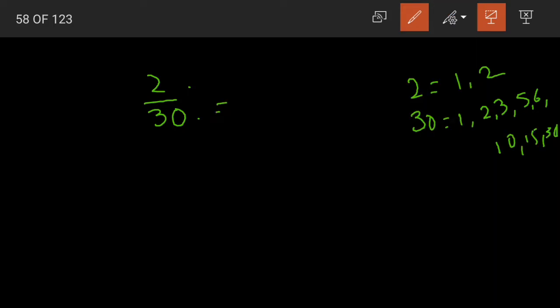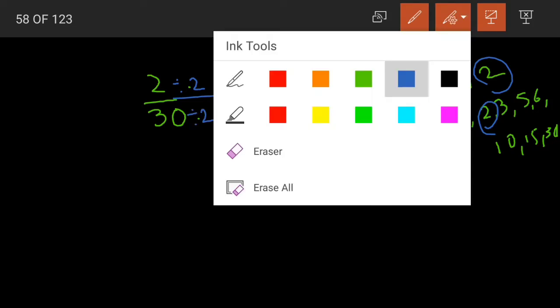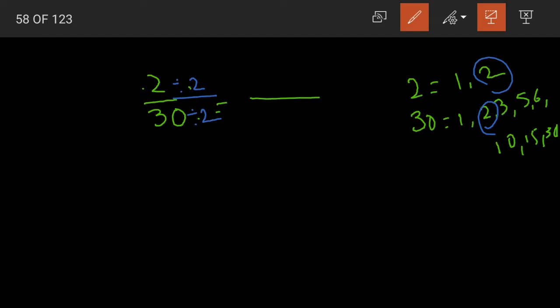Now from this, which is the highest common factor? 2 is the highest common factor. So we need to divide both the numerator and denominator by 2. 2 divided by 2 is 1. 30 divided by 2 is 15. So 1 by 15 is our answer. Understood, children? Reducing it to the simplest form, we need to divide it by the highest common factor.